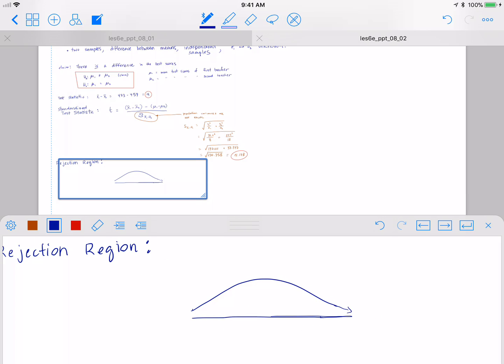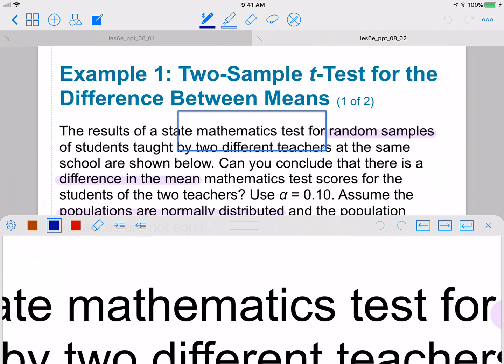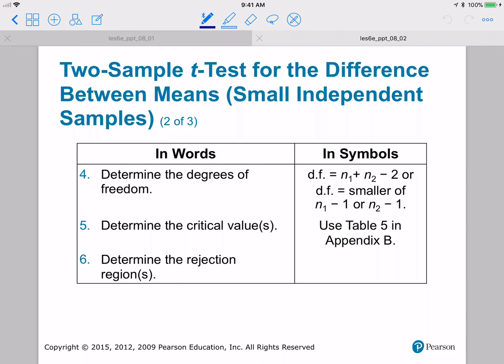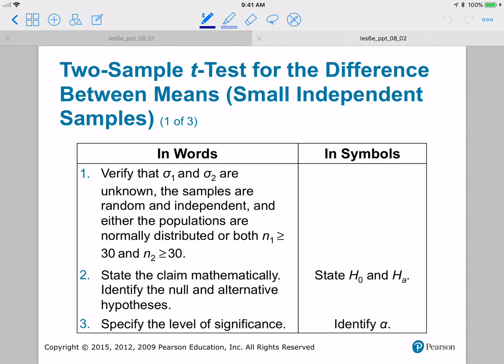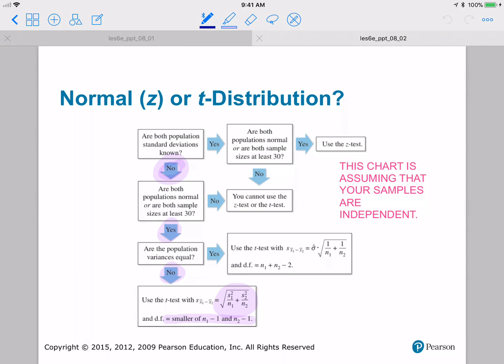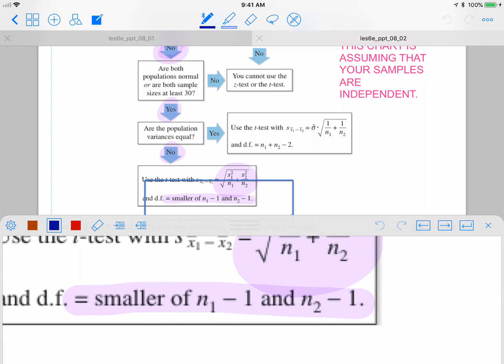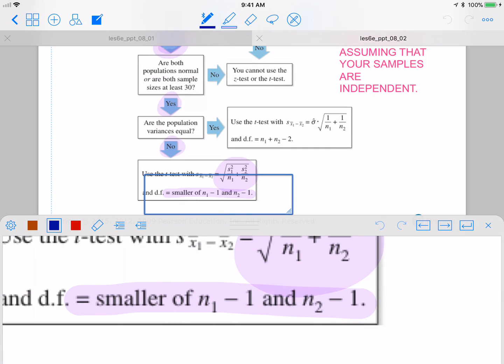So we know we have a t-distribution. And in order to know what our t-distribution is, we need to know what the degrees of freedom are. The chart reminded us that the degrees of freedom is equal to the smaller of N1 minus 1 and N2 minus 1.